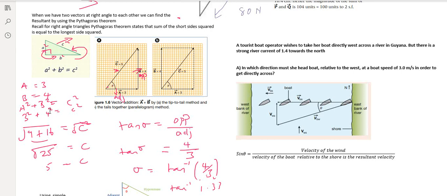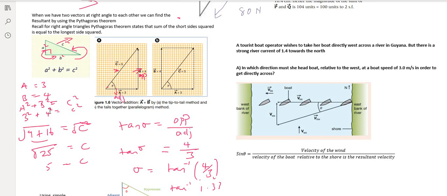So when we do this now, do a thing with our calculator, press the shift button and press the tan. If you're using a Casio, shift and tan will give you tan inverse, and you multiply that by the 1.33.